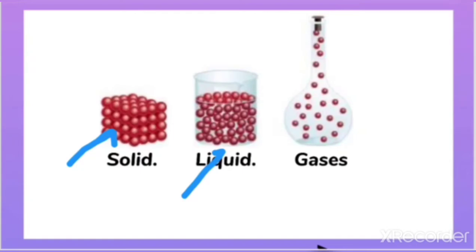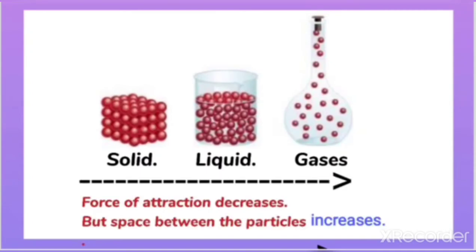In liquids, the particles are a little at a distance, and in gases the particles are quite far apart, which means a weak force of attraction. So from solid to gas, the force of attraction decreases. The highest force of attraction between particles is in solids and the lowest in gases.